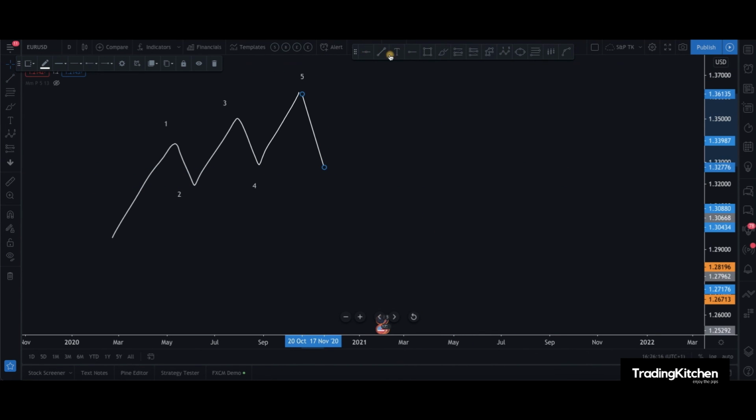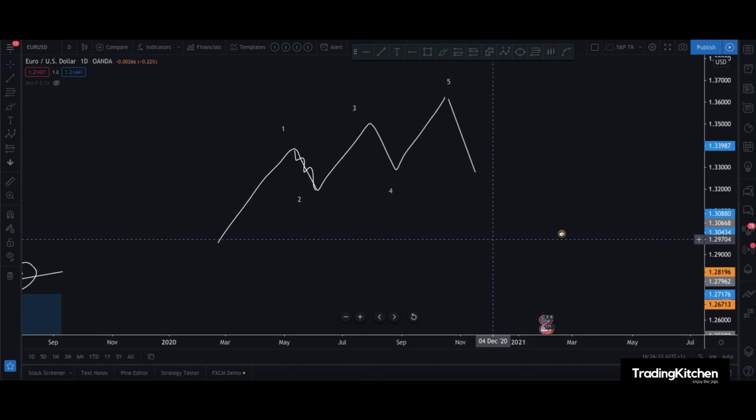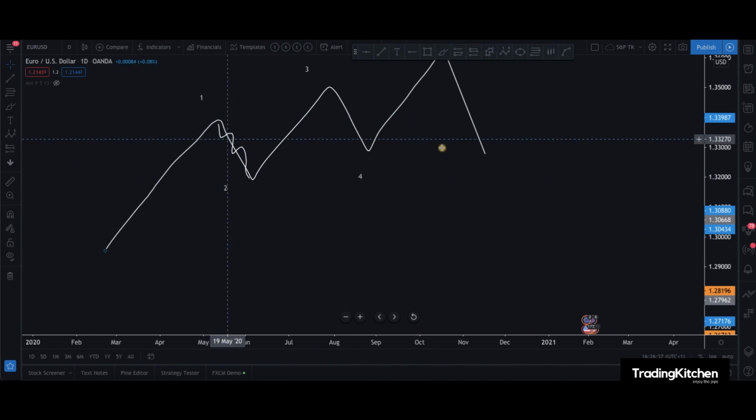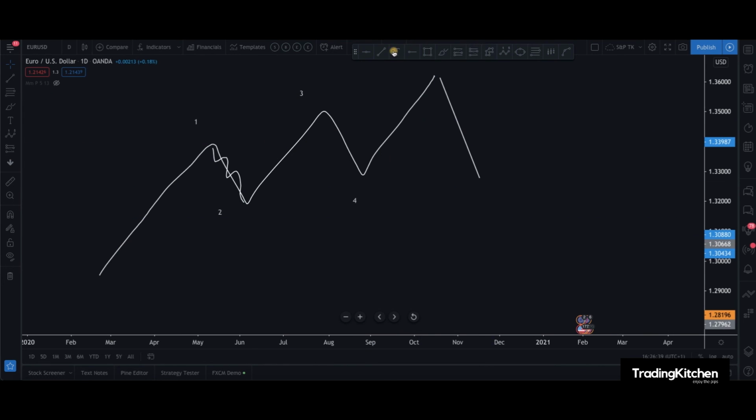Okay, it's really important that you recognize this kind of pattern. I mean, in the correction, most of the time, price makes another pattern here, another channel.